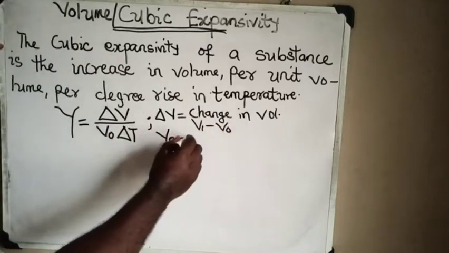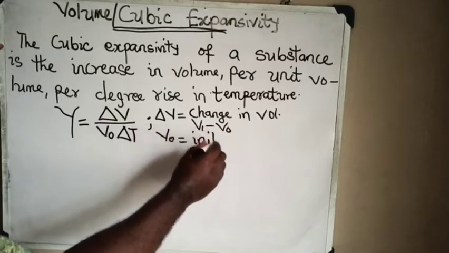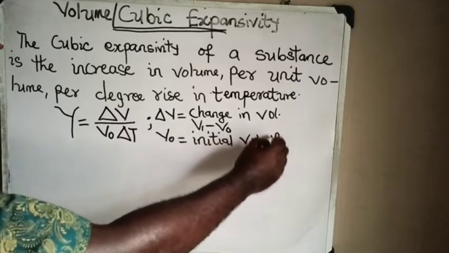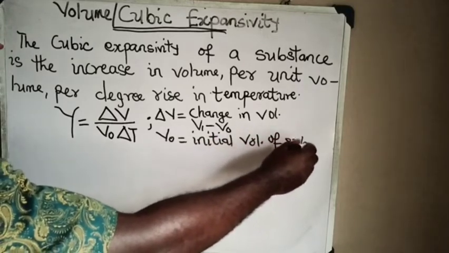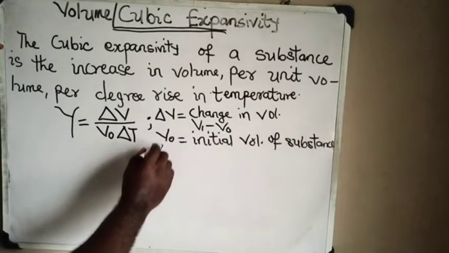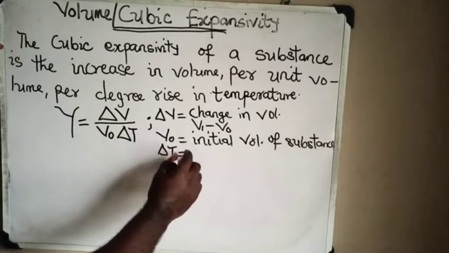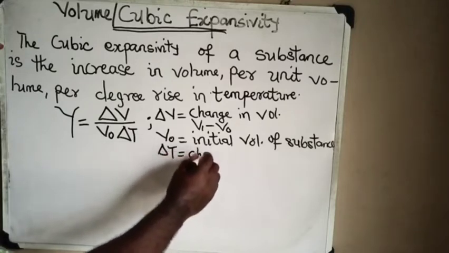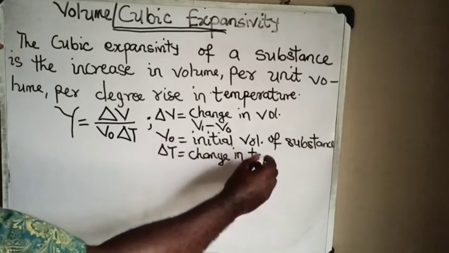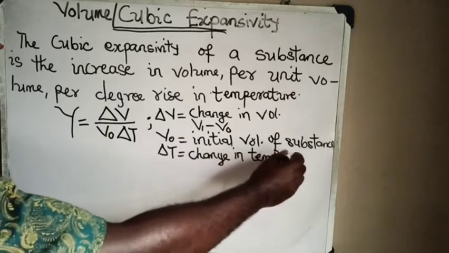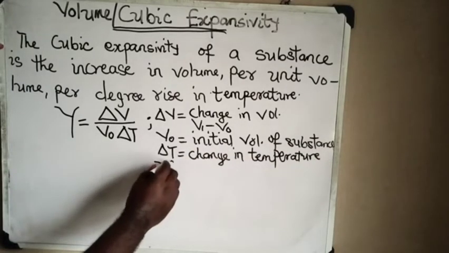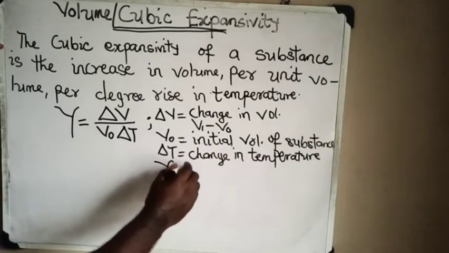V0 is the initial volume of the substance, and then a change in T is the change in temperature or increase in temperature. Then gamma is the cubic expansivity.